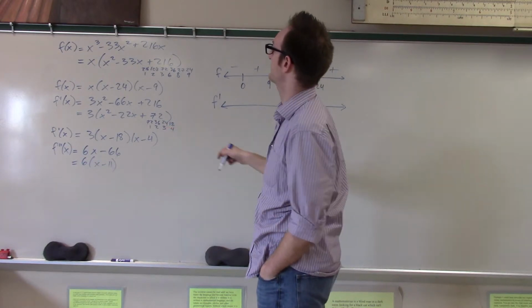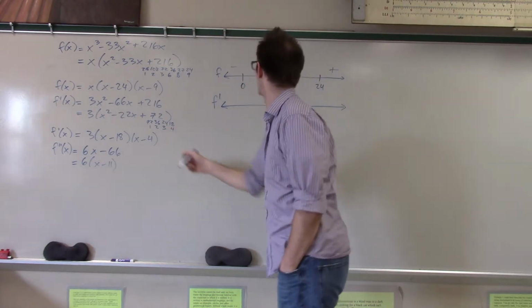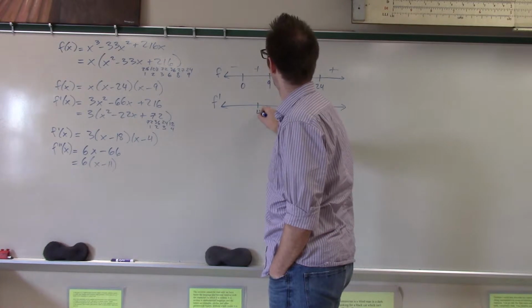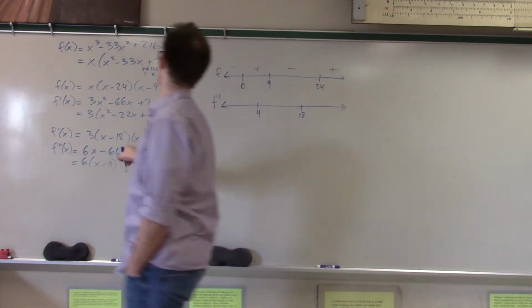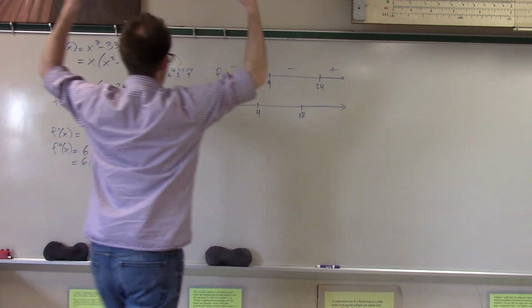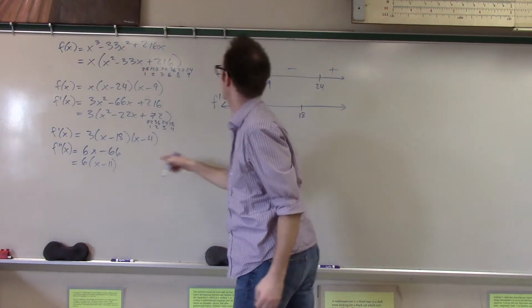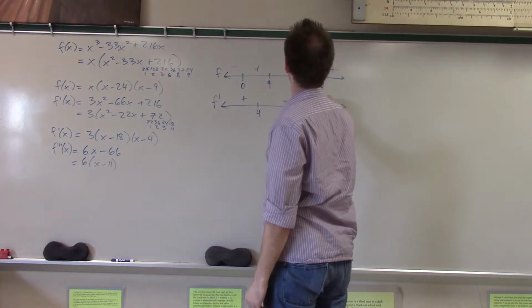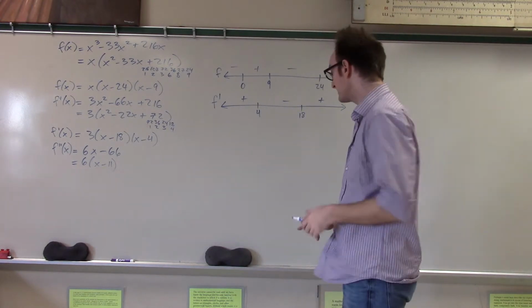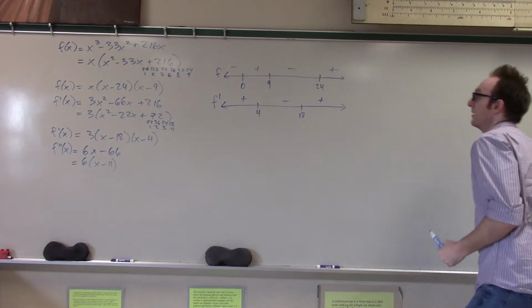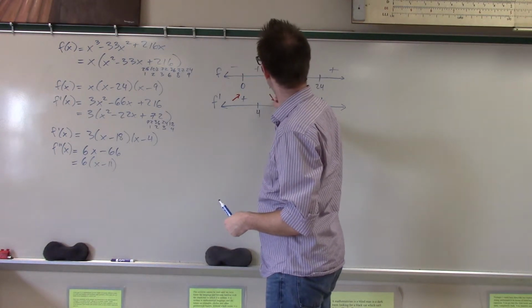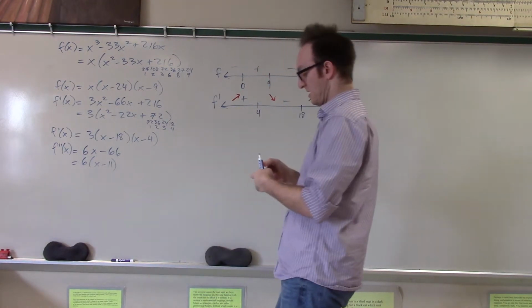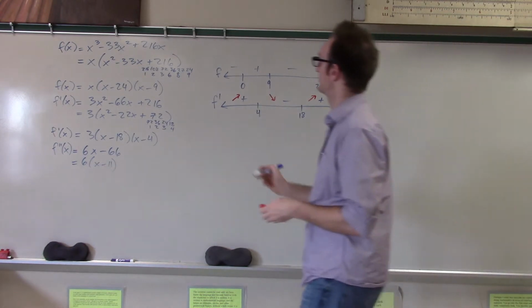Now, we factored that as this quadratic here, so it's going to have a root at 4 and at 18. And because this is a quadratic and the end behavior is like this, and it changes sign at 4 and 18, I know it's going to be positive, negative, and positive. Which tells me that my function is going to be increasing here, decreasing here, and increasing here. That's important and valuable information.